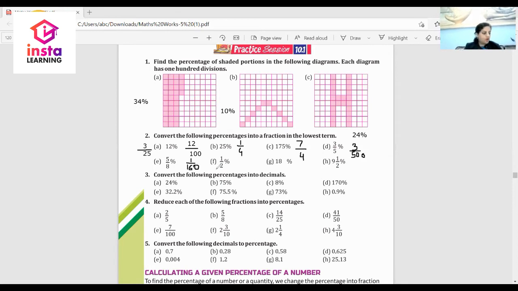Now 1 upon 2 percent is 1 upon 200 in the lowest term. 18% is 9 upon 50.